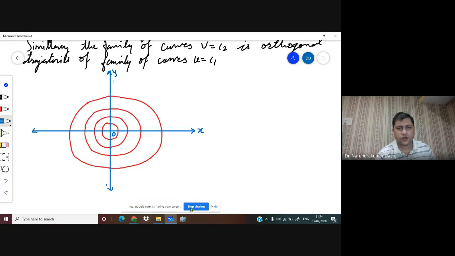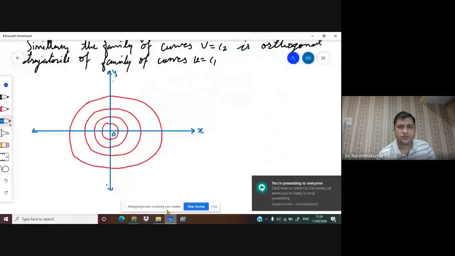Tell me what these curves are. What are the curves that I have drawn right now? Show you once again. So what are these curves going to be? You identify these curves.